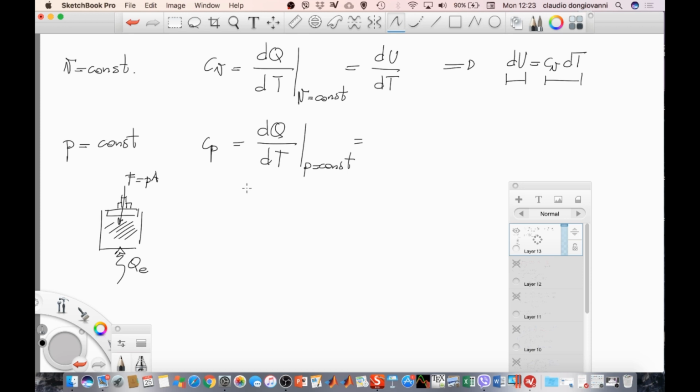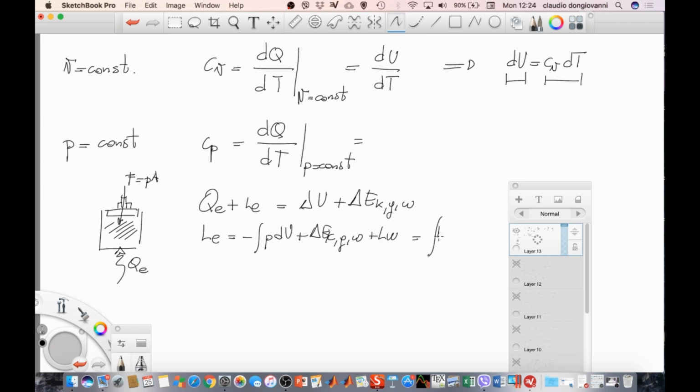So, first law, write it complete. QE plus LE equal to delta U plus delta EKG omega. Okay. And LE is equal to minus integral P dV plus delta ECK G omega plus LWU, and always equal to force times ds. Okay?